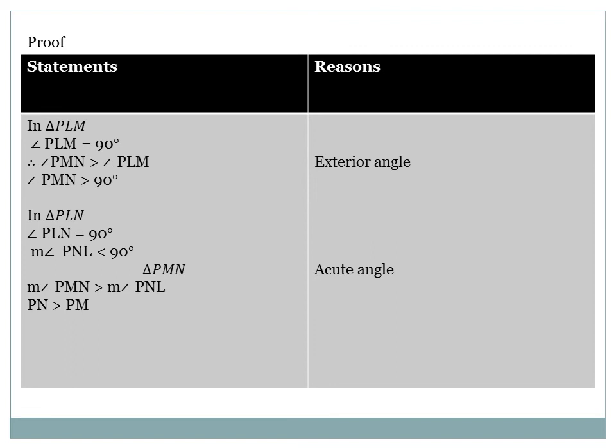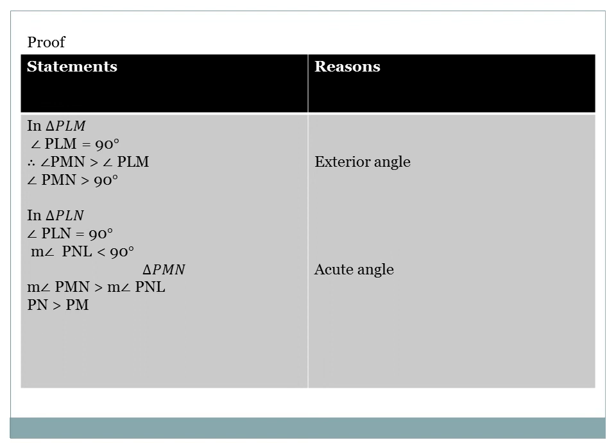If we talk about triangle PLN, you can see that angle PLN equals 90 degrees and angle PNL is less than 90 degrees, which is an acute angle, because angles which are less than 90 degrees are called acute angles. And in triangle PMN, measure angle PMN is greater than measure angle PNL.